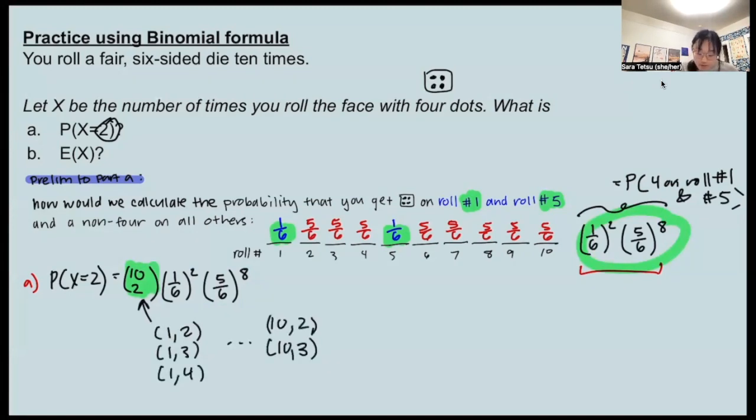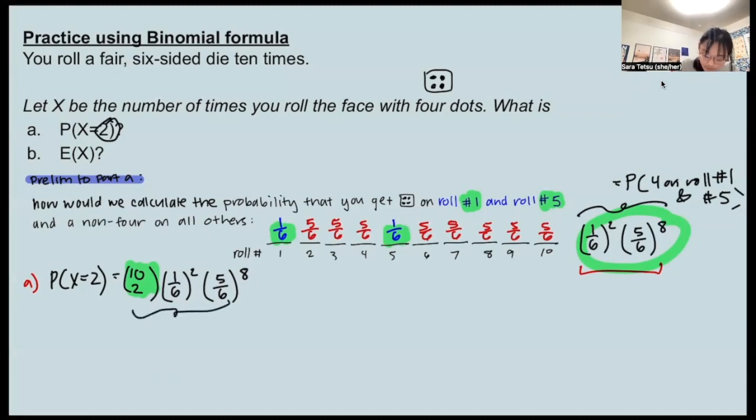It also doesn't double count things. So 1 and 2 would be counted, but 2 and 1 would not be counted, because that would essentially be the same thing. So this number is the number of unique pairings of the numbers between 1 and 10, where you could pick 2 numbers. And so you're multiplying the probability of getting exactly 2 by the number of ways that you can pick 2 places. That's where that number comes from.